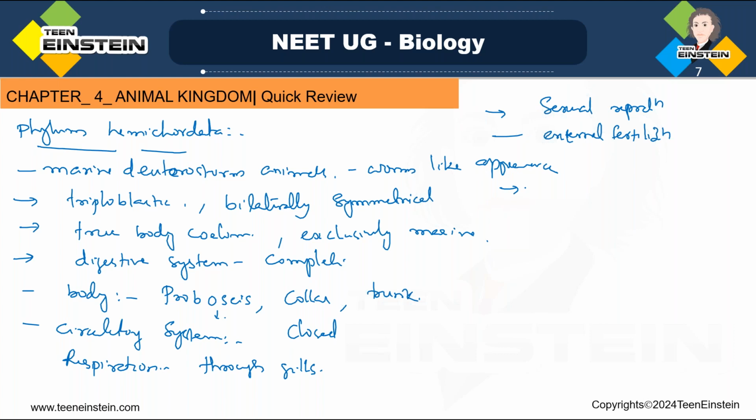And the development is indirect, through a free swimming larva called the Tornaria larva. So these are the few points which we need to learn about phylum Hemichordata.